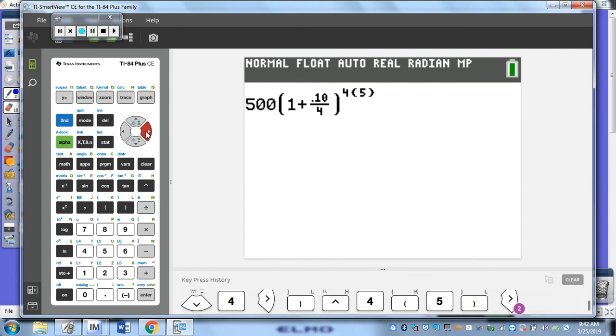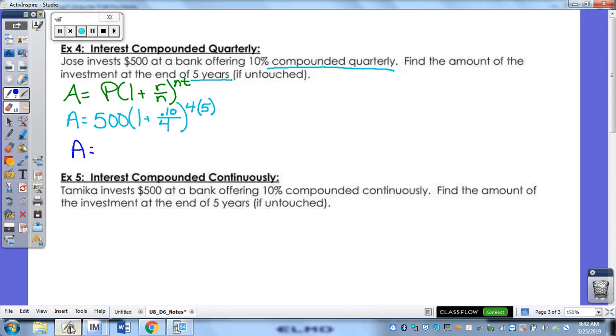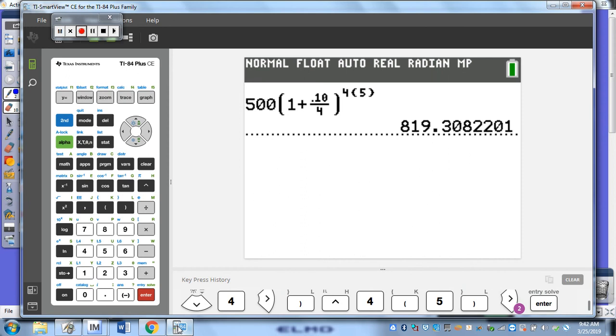So use that fraction. It's going to make things a little easier. Have it written in the calculator exactly how it's written on my paper. So I get 819.30822.